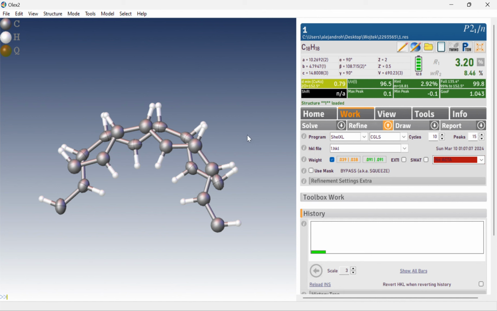Okay, so to summarize, if you have very good data, but you see that something is wrong with the refinement, R factors are large, there must be a reason for it. And one of these reasons could be disorder. I think this example very nicely illustrates a structure where you look at the ellipsoids and everything looks fine, but you look at the R factor and think something is wrong.